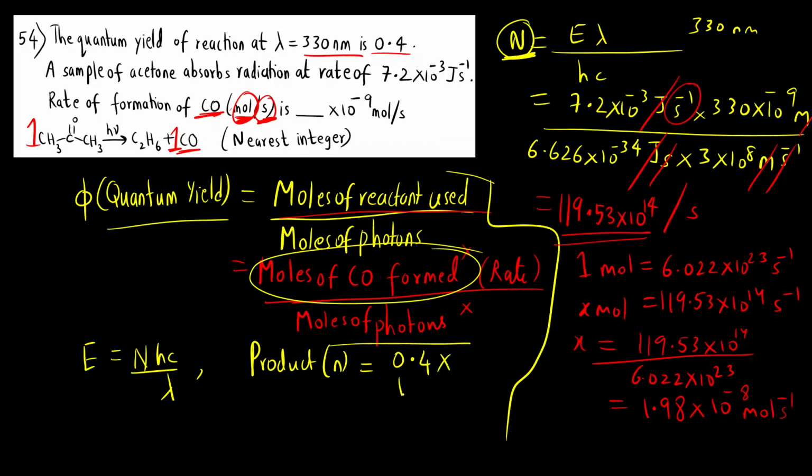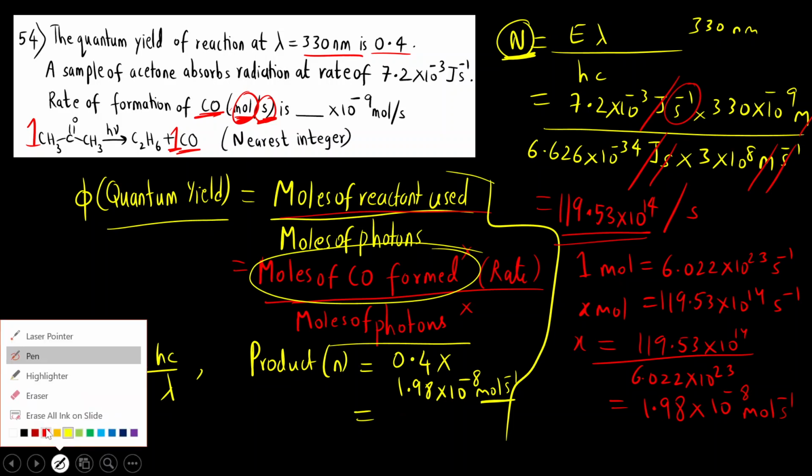Moles of photon is 1.98 into 10 raised to minus 8 mole per second. That is how we get the answer in mole per second. If you multiply 0.4 into 1.98 into 10 raised to minus 8, the final answer is going to be how much?